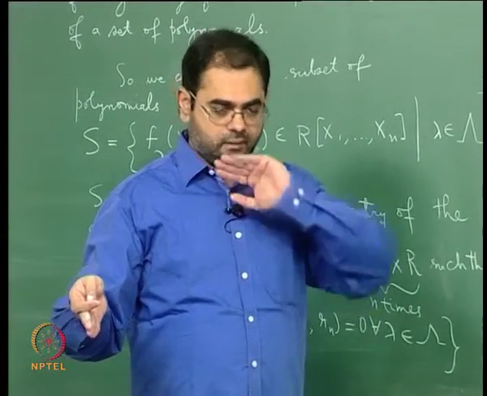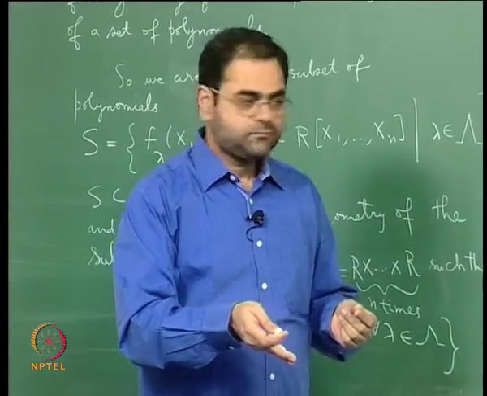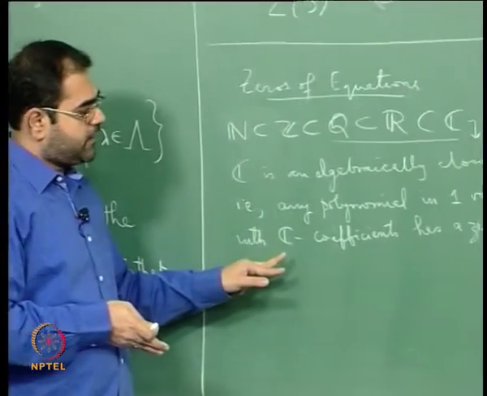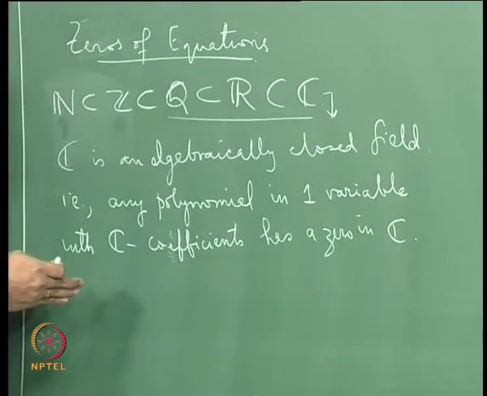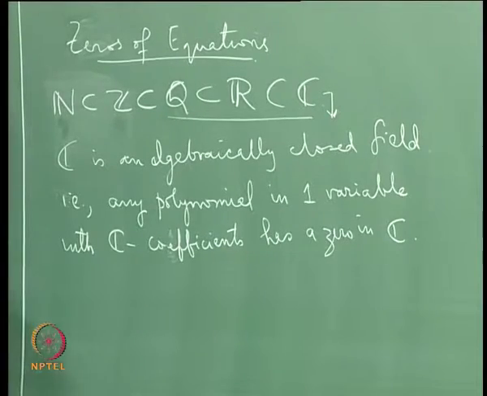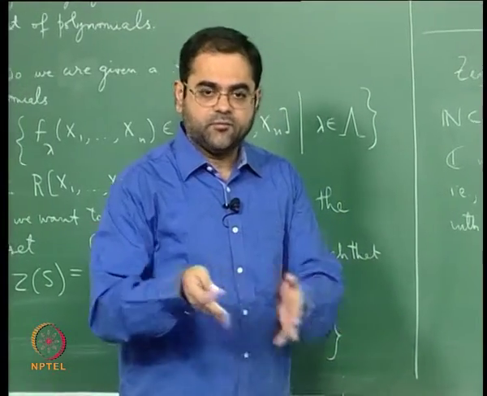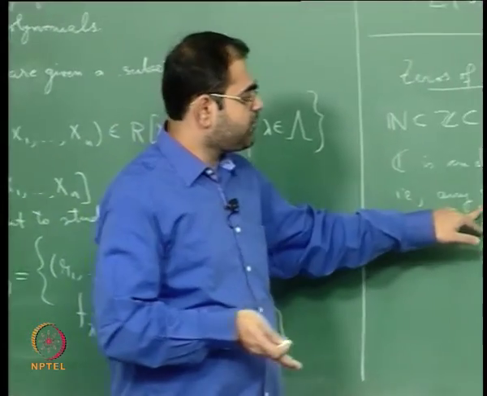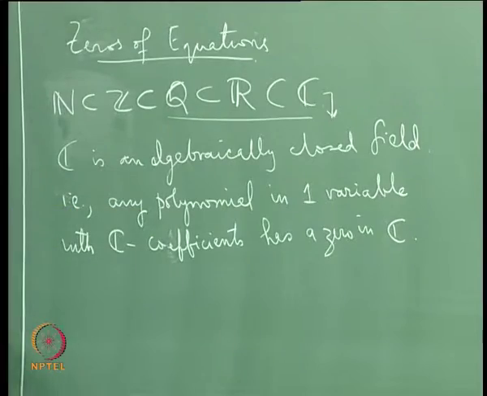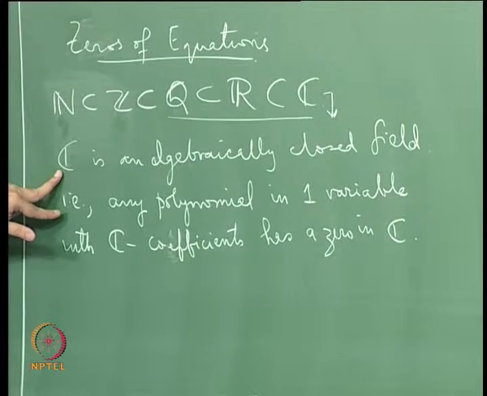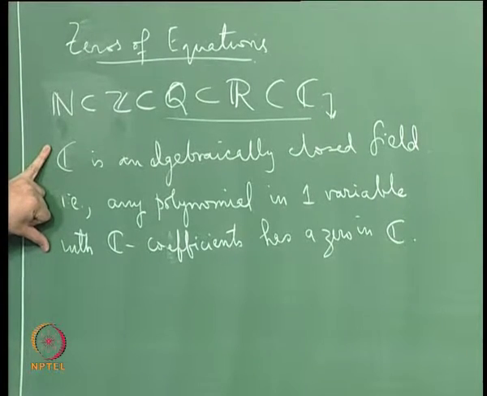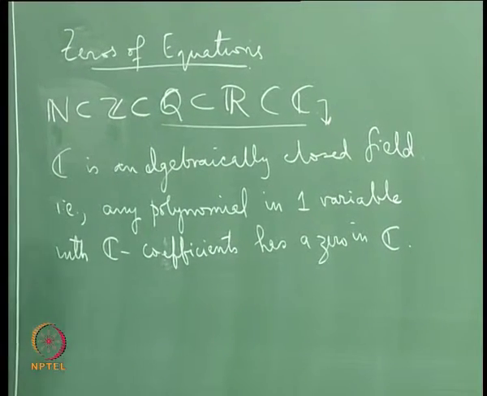The polynomial of lower degree that you get will also have a zero in the complex numbers, and you can factor that linear factor out. If you continue like this, any polynomial can be completely split into linear factors. This is the property of the field of complex numbers which makes it algebraically closed, and in general this is the definition of what an algebraically closed field is.